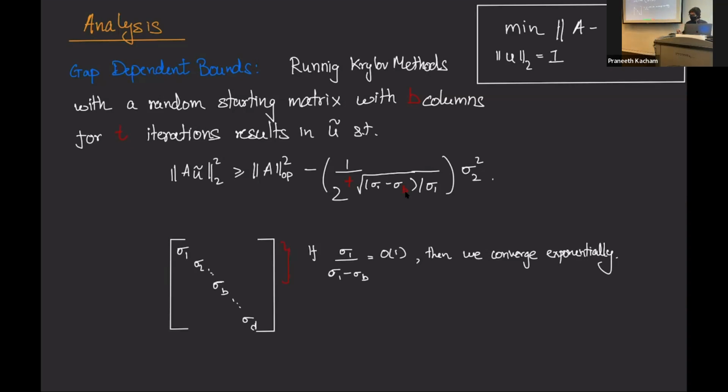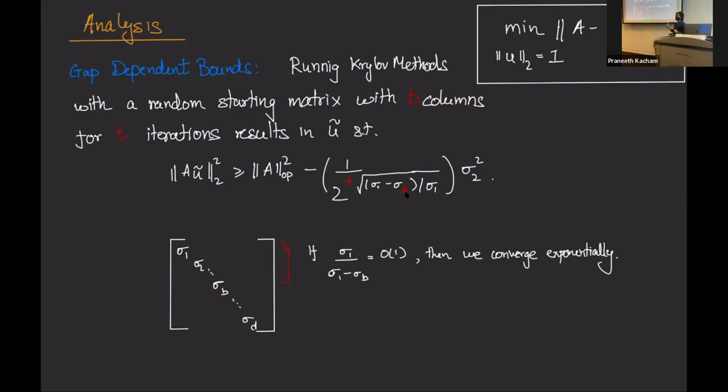But more concretely, if you start off with a matrix G with B columns, you can exploit gaps between the first and the Bth singular value of A. So this is how starting with a larger number of vectors to begin with, and then powering them up is helping you. More precisely, the kind of guarantee that we get is like some exponential 2 to the t times the gap here.